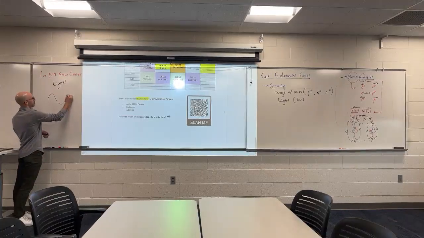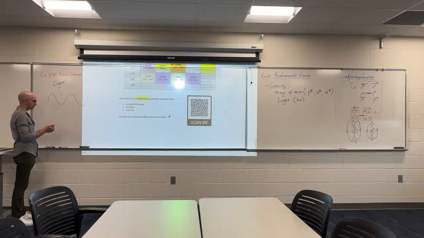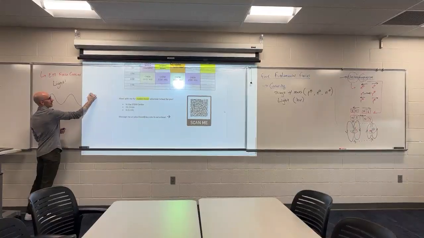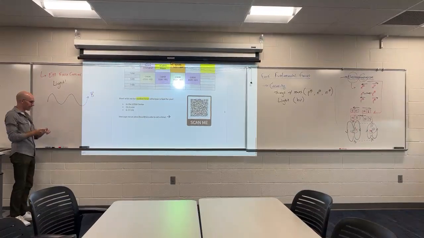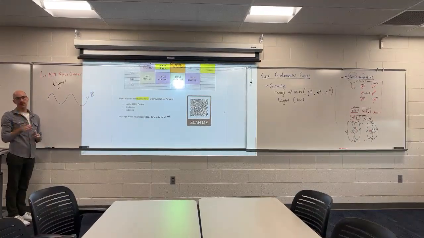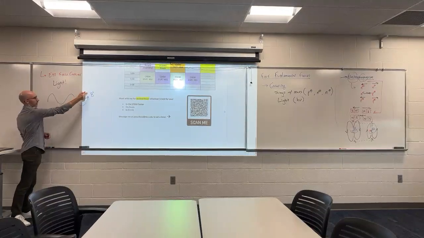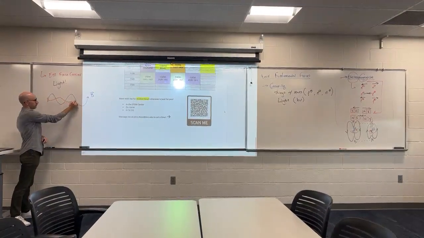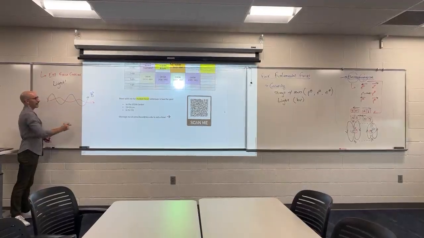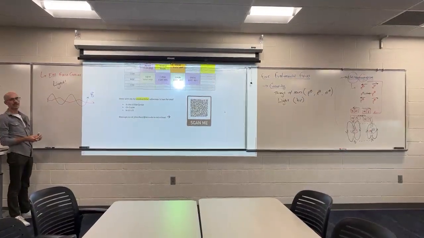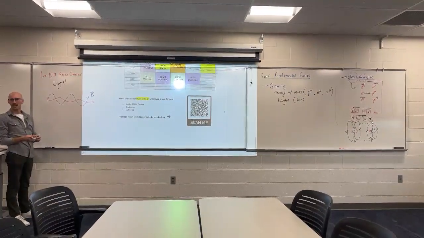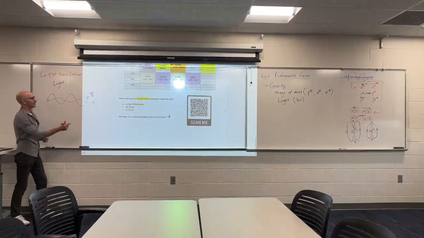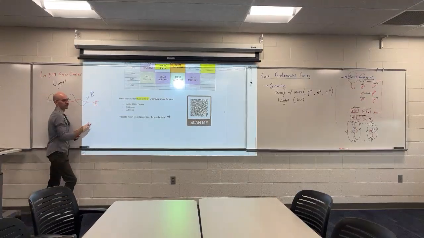It contains two directions. It contains the magnetic field, often represented by a big B with a vector arrow on top. And perpendicular to that, and I know it doesn't look very perpendicular, but it's really hard to draw, is the electric field.